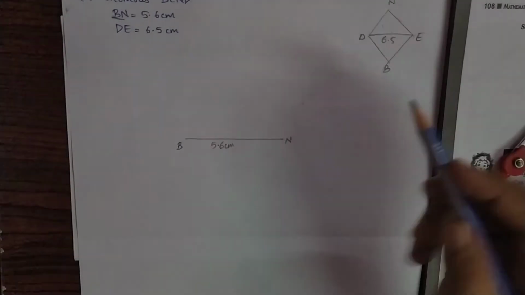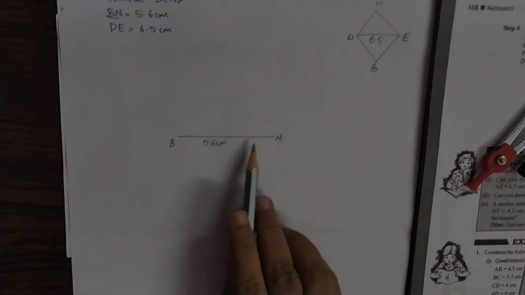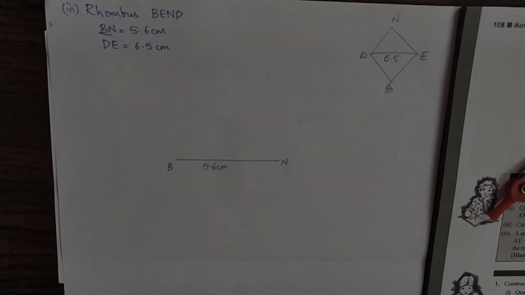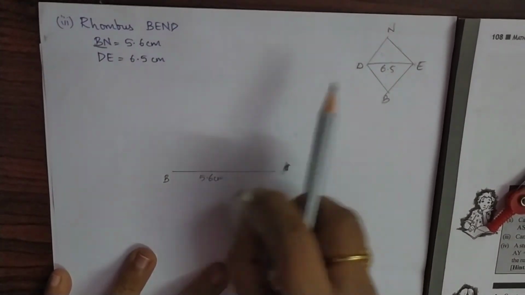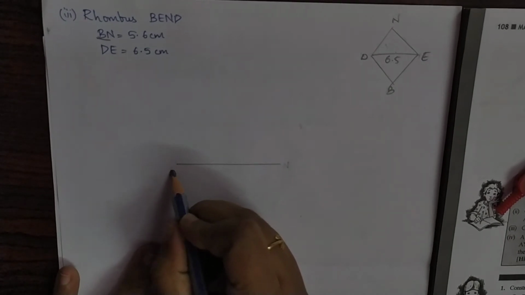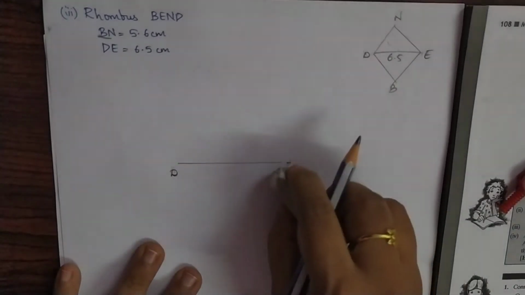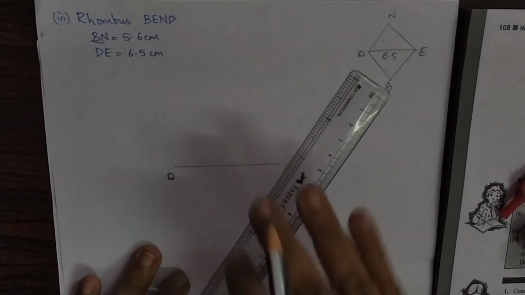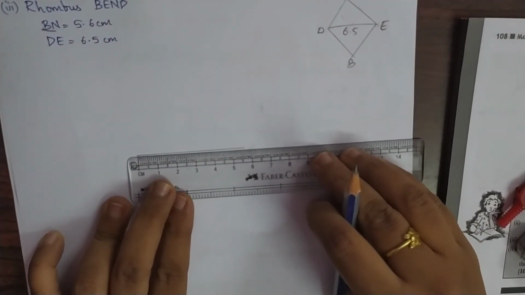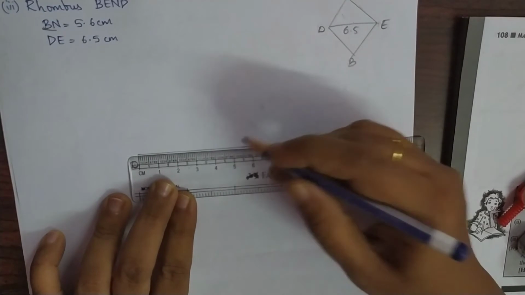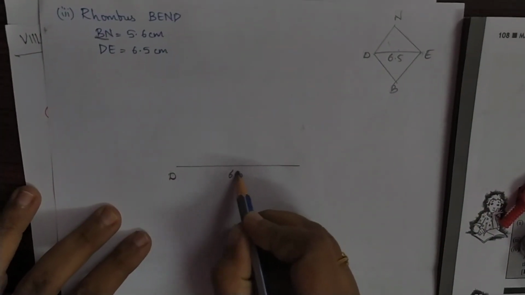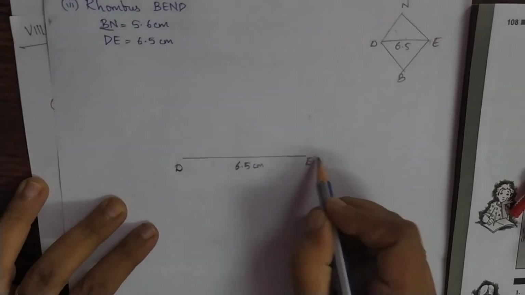If we take diagonal BN, 5.6, children, it is not possible to take DE as 6.5. So let us change this and take the other diagonal, DE, which is 6.5 centimeters, as the base. This is DE, which is 6.5 centimeters.